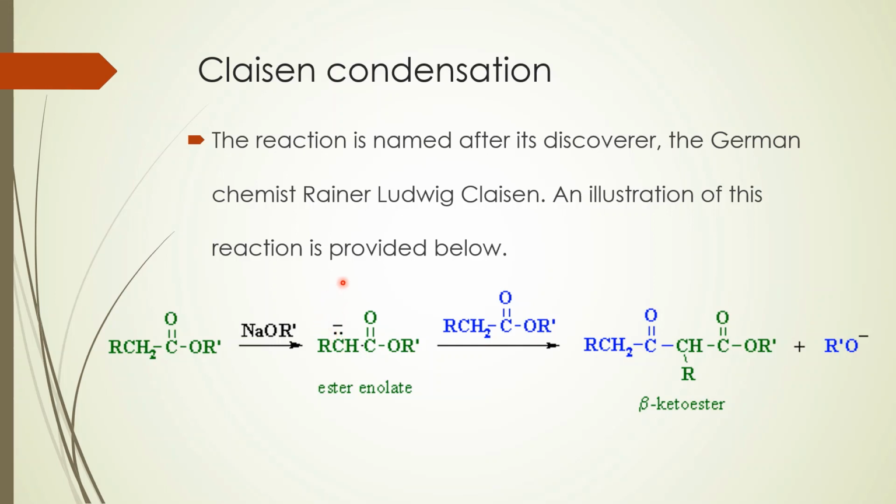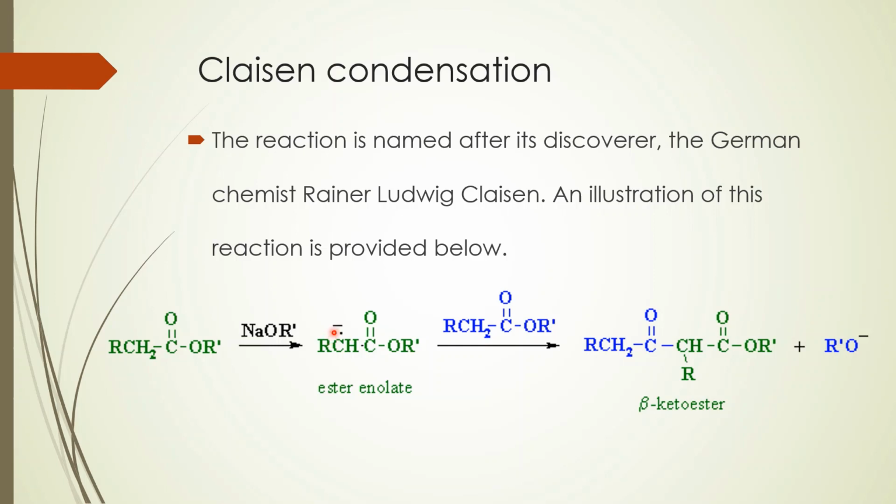This negatively charged carbon atom attacks the carbonyl carbon of the second molecule of ester. This is the second molecule of ester and this is a carbonyl carbon atom which is electron positive in nature.